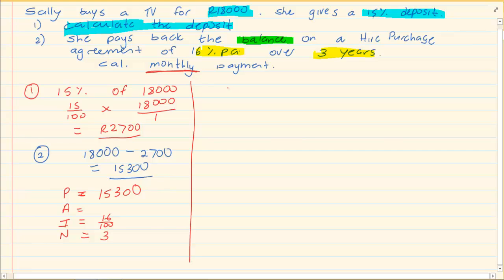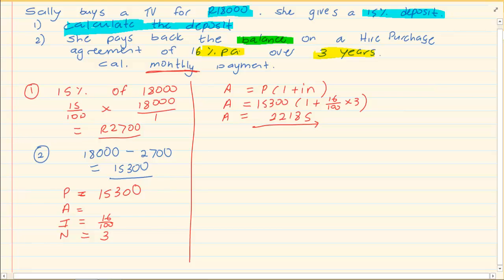We know it's a hire purchase, which means it's a simple interest formula. We substitute what we have. Then you use your calculator, giving you how much she is going to have to pay back.